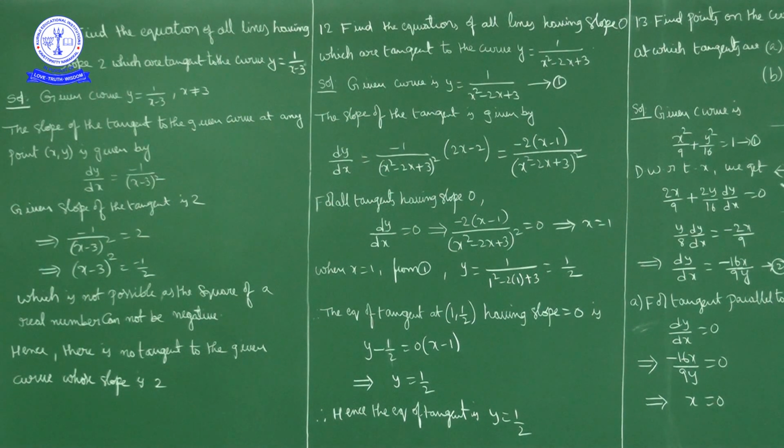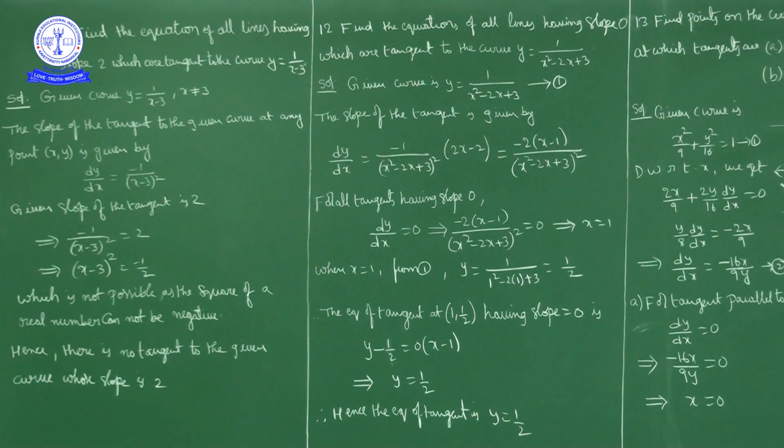Okay. Now the question is to find the equation of all lines having slope 0 which are tangent to the given curve y is equal to 1 upon x square minus 2x plus 3. This is the given curve.